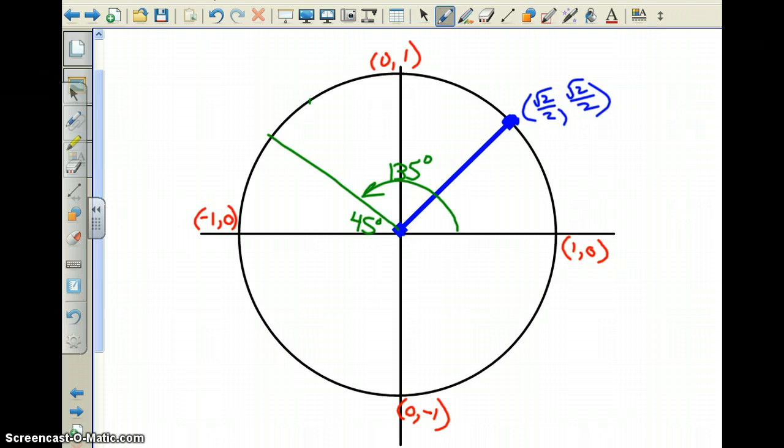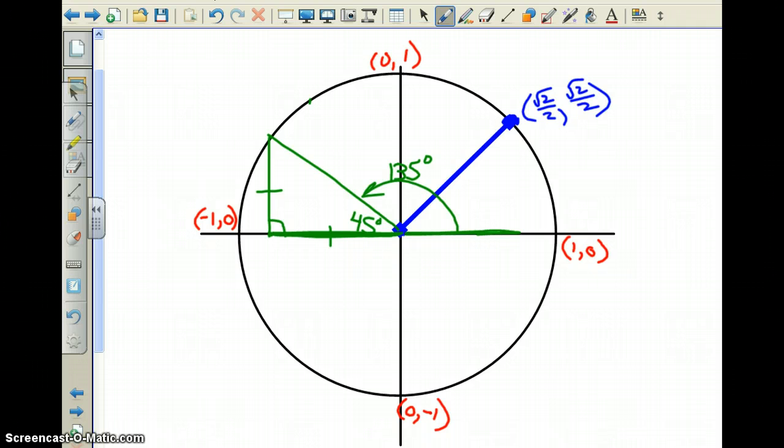And notice that this triangle over in the second quadrant, if it's 45, 45, 90, is going to behave the same way as it did in the first quadrant. These two sides are going to be the same, and my cos is going to be the same distance from here to here as it was over in the first quadrant, which is radical 2 over 2.